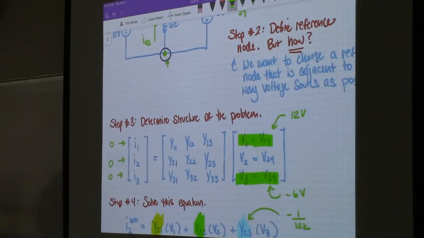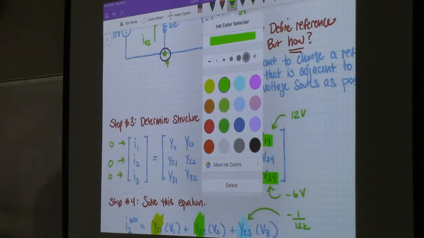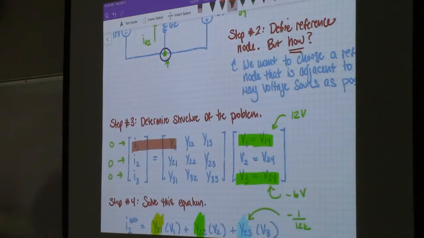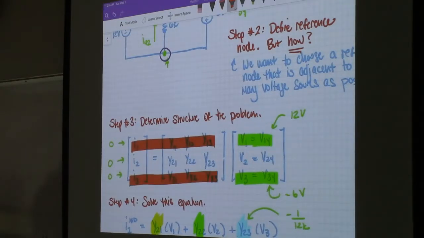We already know what those are. So that means that we can go ahead and eliminate them from our analysis.